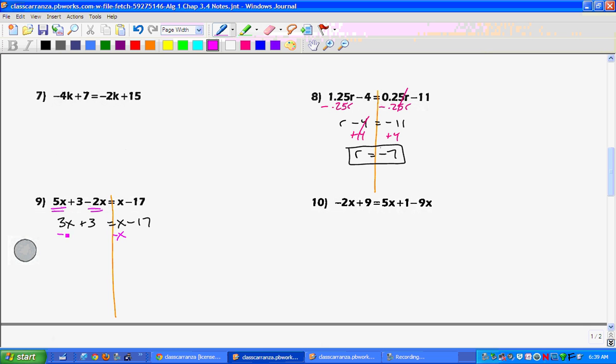Okay, we're going to move our variables to one side. 2x plus 3 equals negative 17. Subtract 3 from both sides. 2x equals negative 20. Divide by 2, you get x equals negative 10.